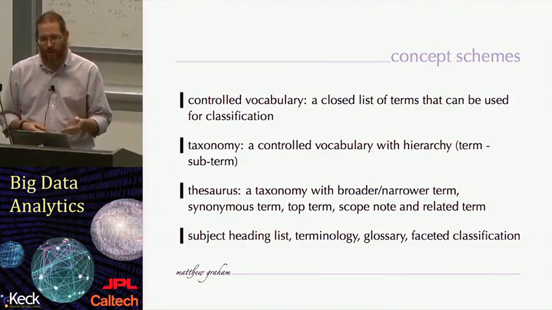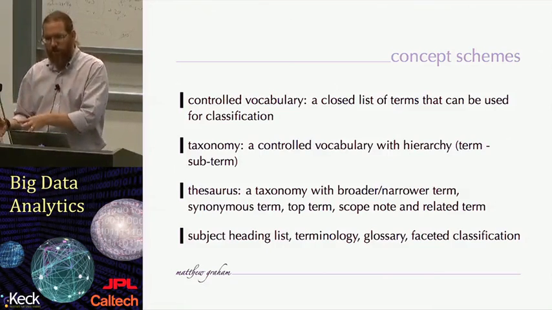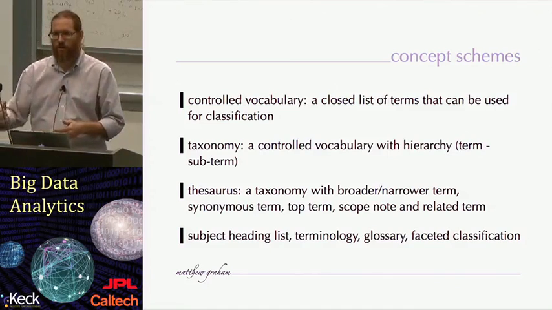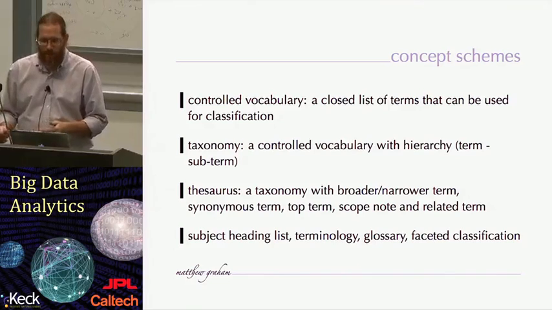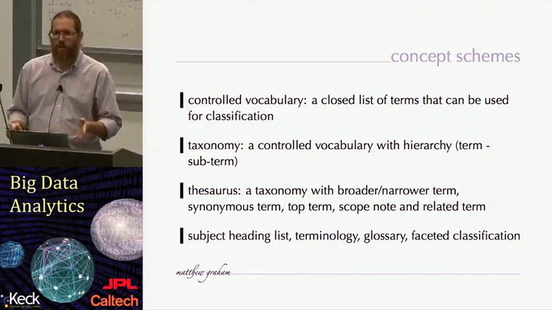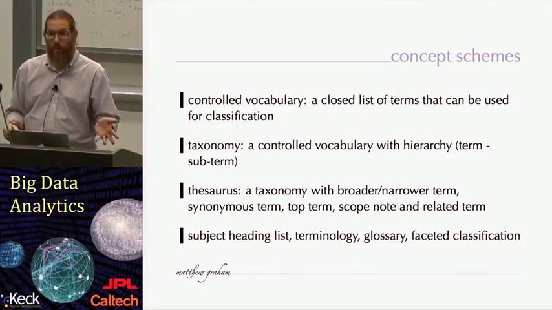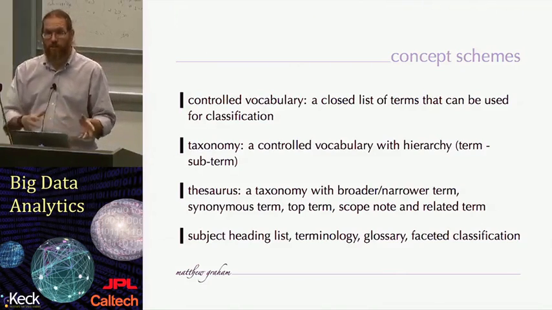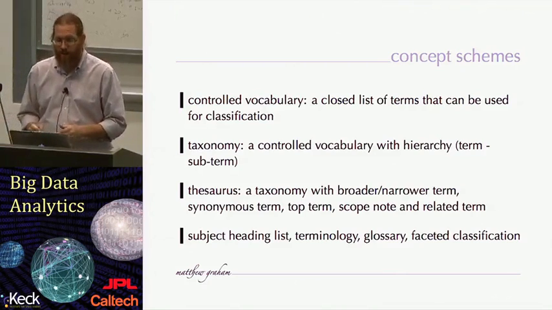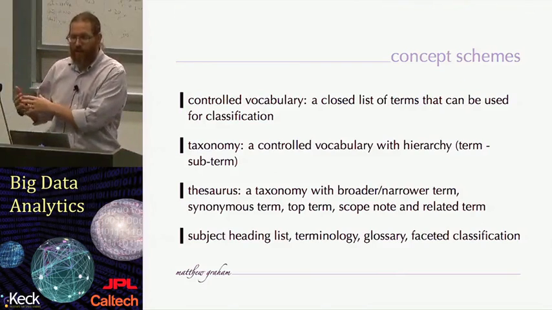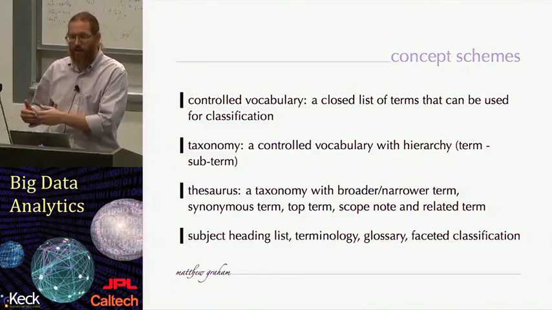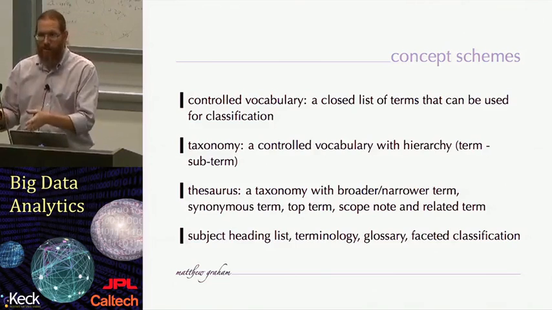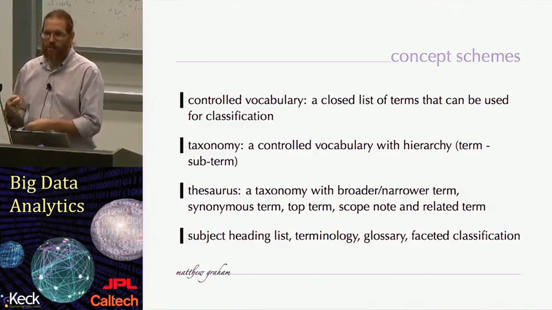And in a taxonomy, you have a controlled vocabulary, but you have imposed a hierarchy on it in terms of term and subterm. So, for example, when we were talking about anatomical structure in the last lecture, we had this notion of looking up the word hindbrain, and then in the taxonomy that we're using, a superterm of that would be central nervous system, and a subterm of that would be an individual structure that makes up the hindbrain.